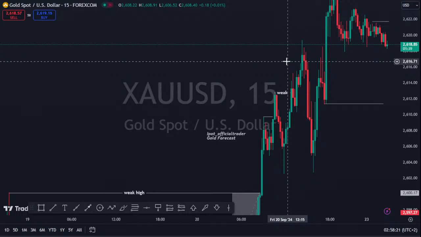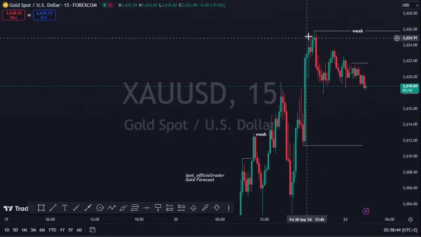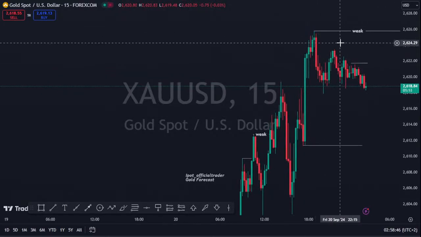I'm not saying that, but I'm trying to make you understand structure, as to whether there's any possibility of price dropping. It doesn't have to mark out weak highs in any time frame. You can look at it in all the time frames, starting from 1 minute going above.